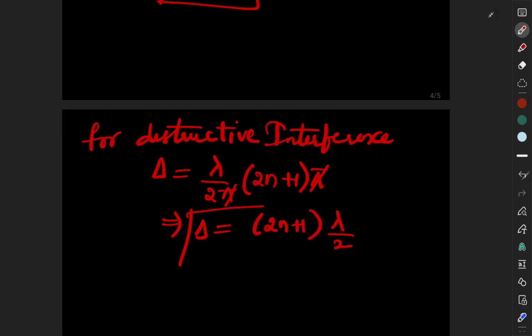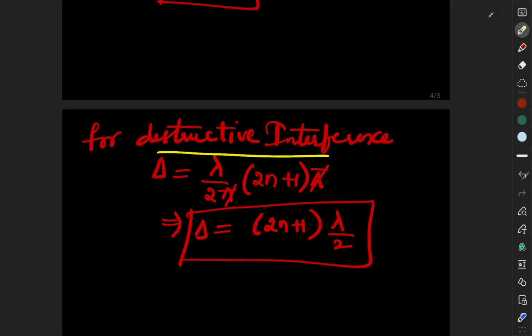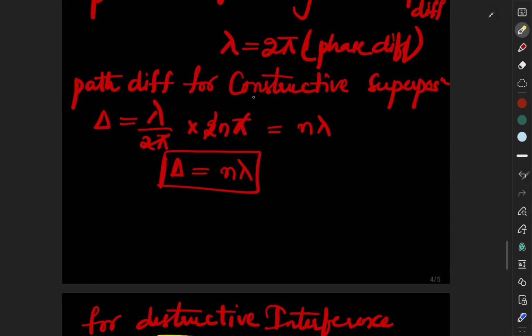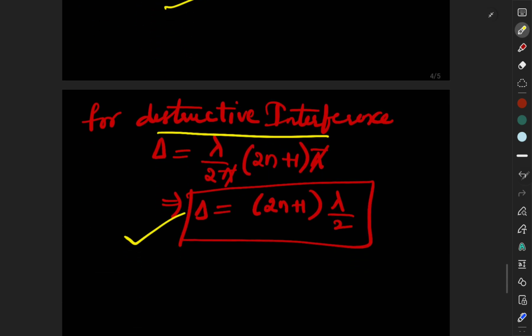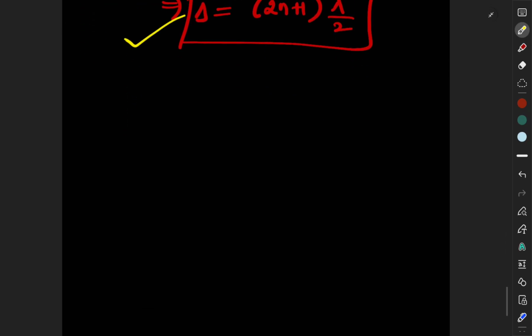This is for destructive interference, and for constructive interference, it is n lambda. Path difference for constructive and destructive interference we have derived. I hope you understood about this, right? Okay, thank you.